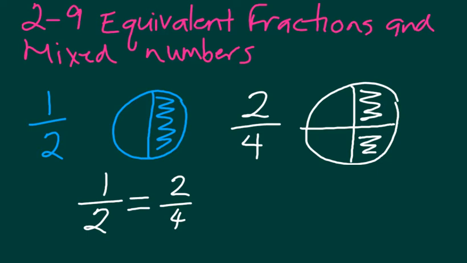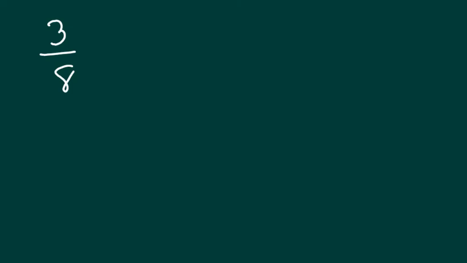Now, notice if you went 1 times 2, you would get 2. And if you went 2 times 2, you would get 4. It's actually possible to make an equivalent fraction. You can actually make them. So here is the fraction 3/8.